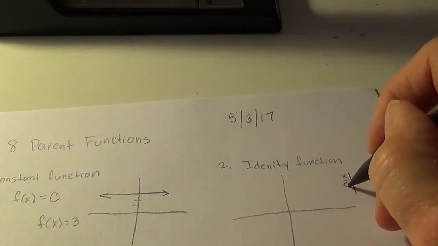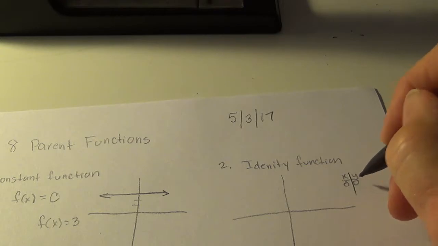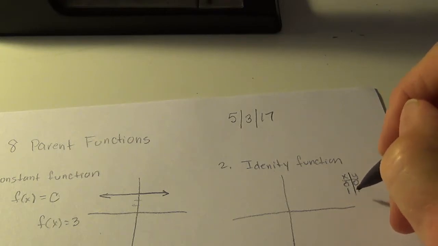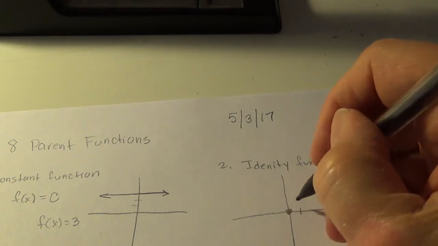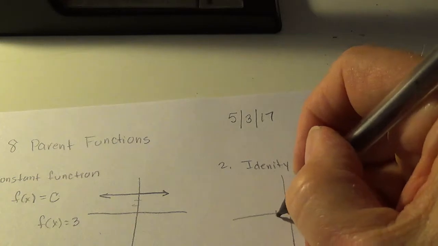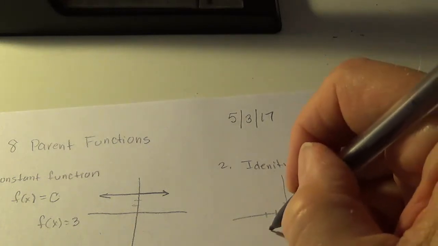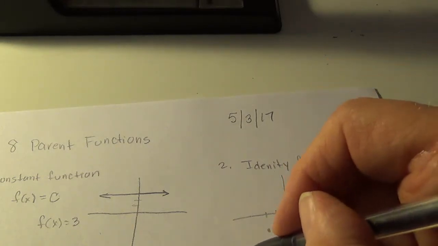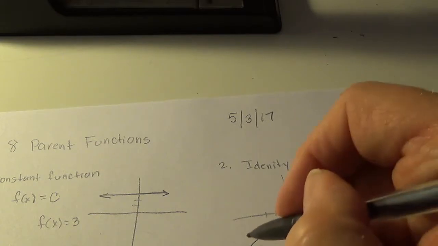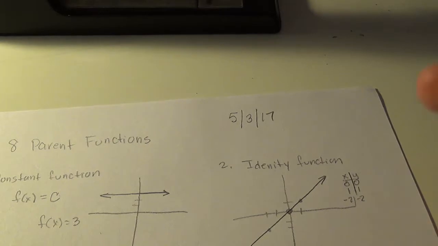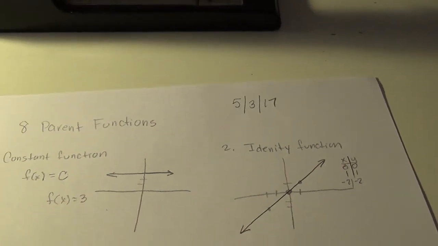So if we put in x as 0, y is 0, x is 1, y is 1, x is -2, y is -2. It is a straight line, so those 3 points are enough. So it cuts exactly through the middle of the third and first quadrant, and that's called the identity function.